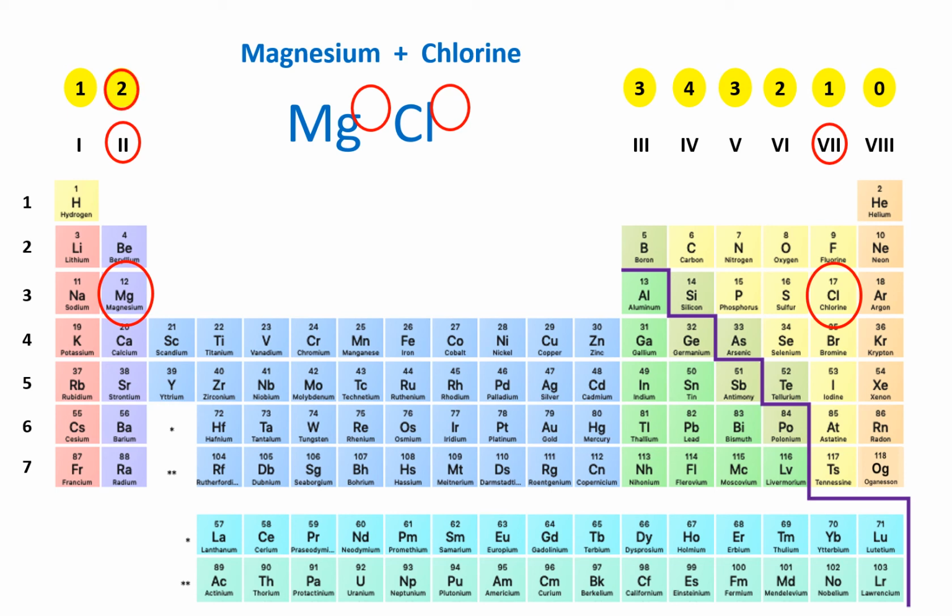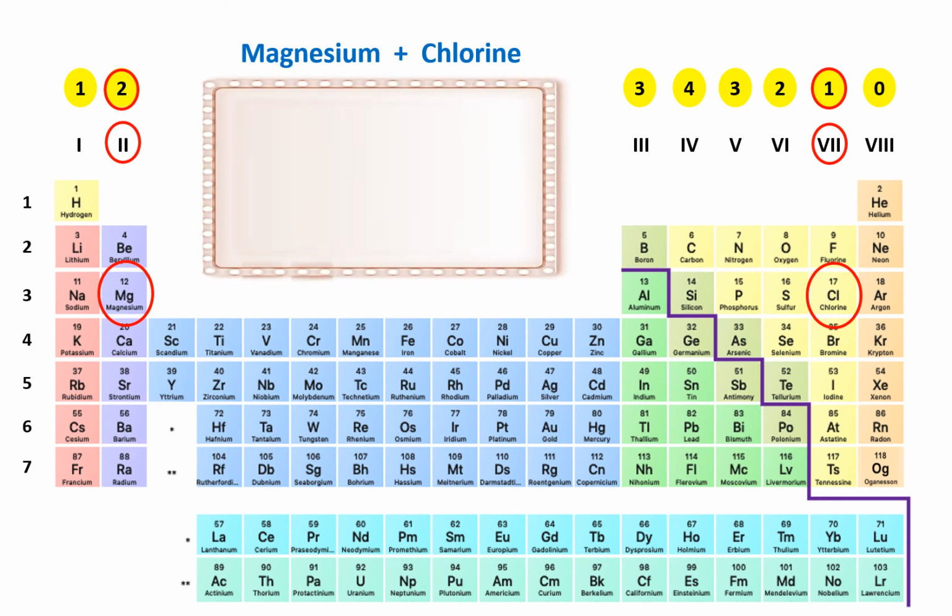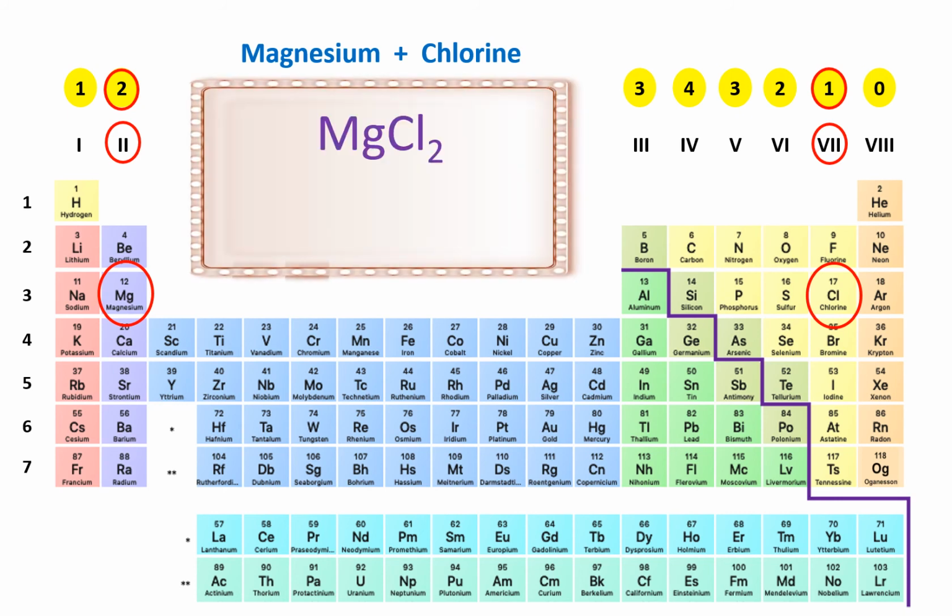That's 2 for magnesium and 1 for chlorine. Remember that this number 1 is obtained from 8 minus the group number 7. Cross these numbers over and write them as subscripts. We remove the number 1. The formula is MgCl2.